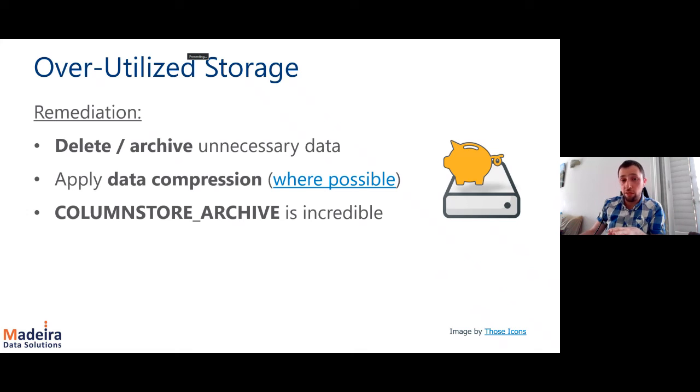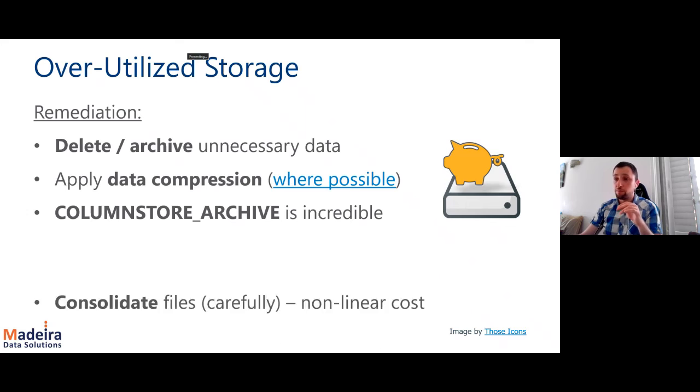Column store and column store archive compression is very, very useful for it. It can have incredible savings in terms of storage, up to 10 times compared to the original size. So it's worth it to consider.